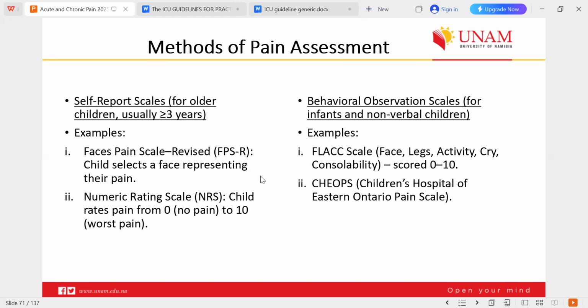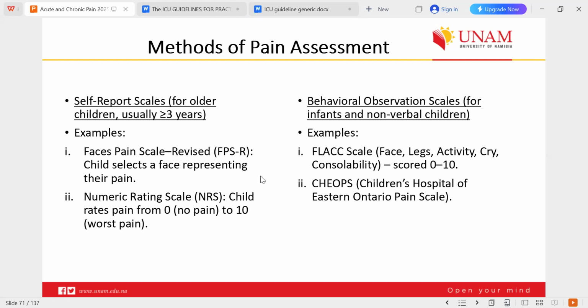So there are two major types of pain assessment in children, based on their age and their ability to self-report. Number one is the self-report scale, usually reserved for older children, usually 3 years and above. And we have the behavioral observation scale. These are for infants or non-verbal children. So we're going to look at some of them.